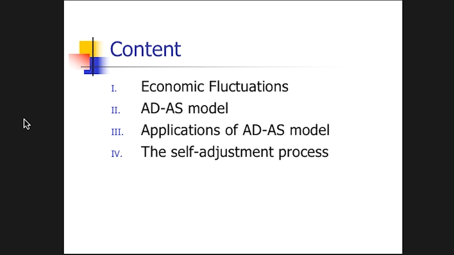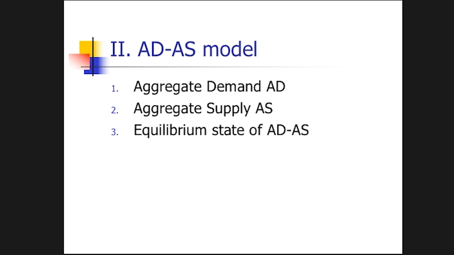So in the following sections, parts 2, 3, and 4, we will introduce the model to explain the changes in economic fluctuation and also suggest the solution for the fluctuation. This model applies the demand and supply rule.